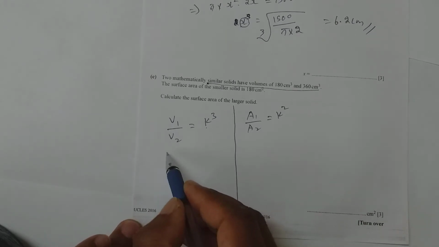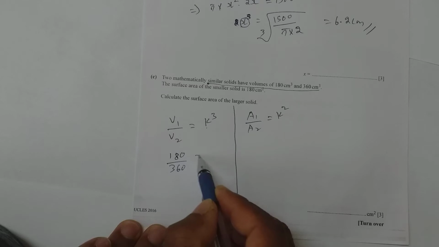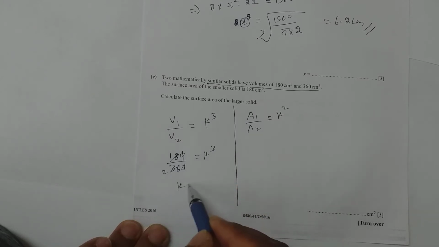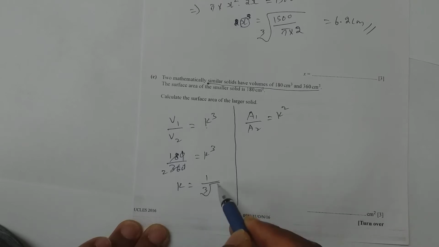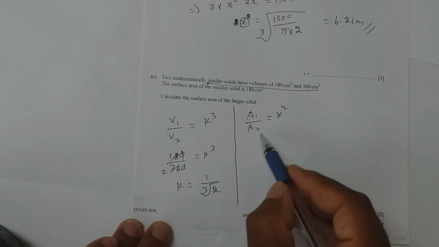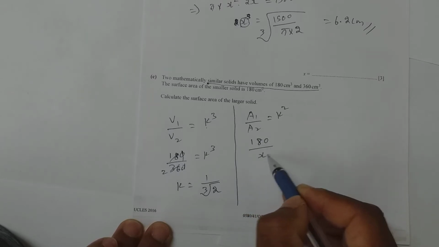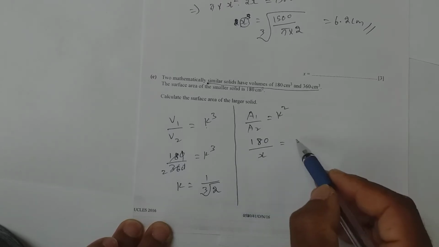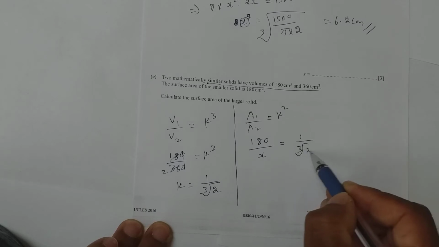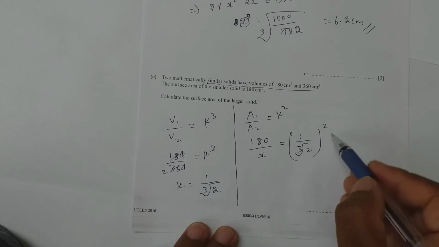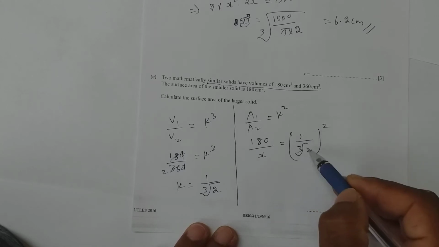So V1 is how much? If I assume it to be 180 by 360 equal to k cube. So how much will I get? K is 1 by cube root of 2. Here A1 is 180, A2 I don't know, so x. Equal to k is this much, so 1 by cube root 2 whole square. Apply square to each of it.